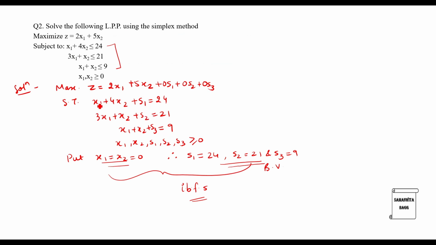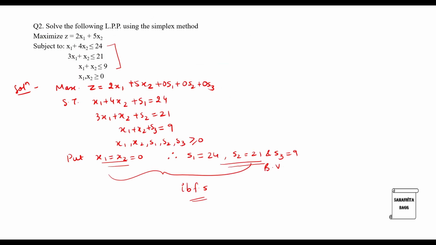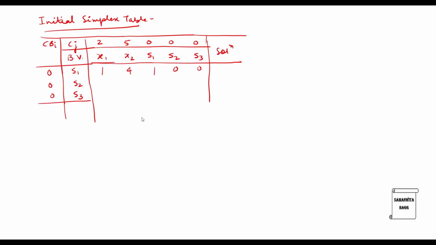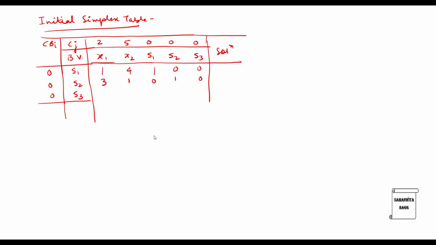From the first equation we have 1, for x2 we have 4, s1 is 1 and these two are not present. From the next equation we have for x1 it is 3, x2 is 1, s2 is 1. So it is 3, 1, 0, 1, 0. Then from the third equation we have 1, 1 and 1 for x1, x2 and s3. Rest of them are 0.